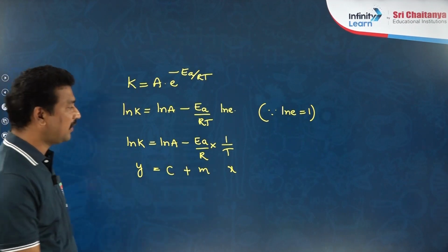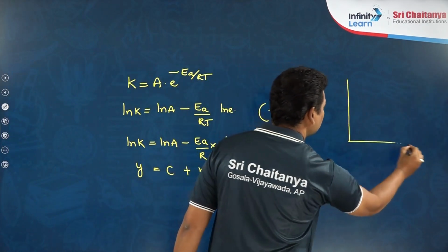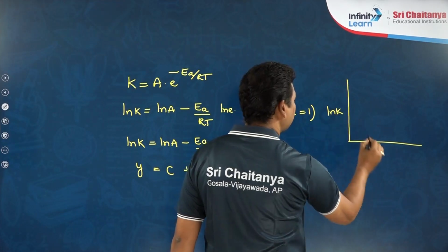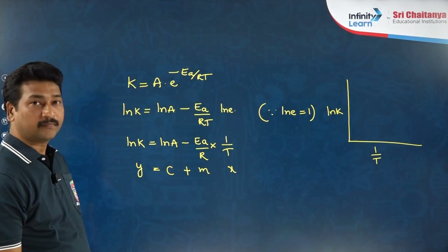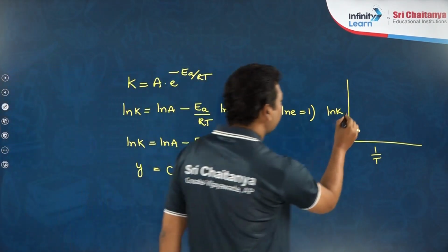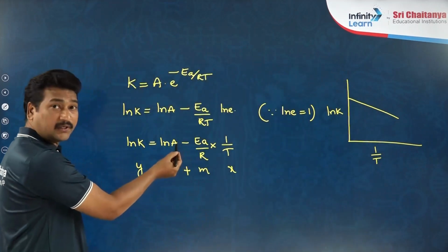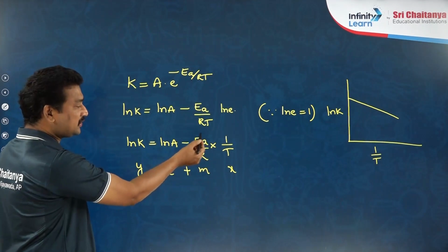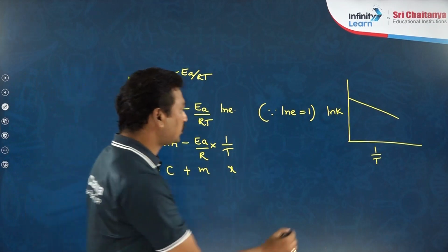Again, we can have a plot between the variables ln K and 1 by T. Ln K versus 1 by T. And we have a straight line with a negative slope. You can observe here minus EA by R. So this is the negative slope that we are getting there. So what is the slope value?